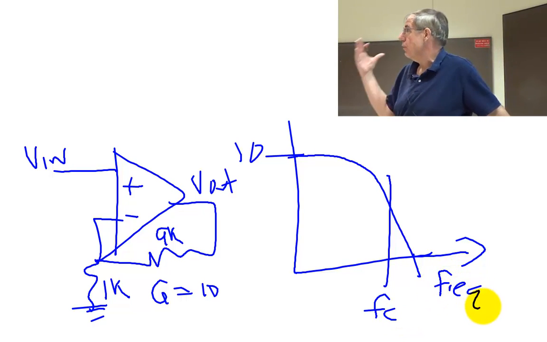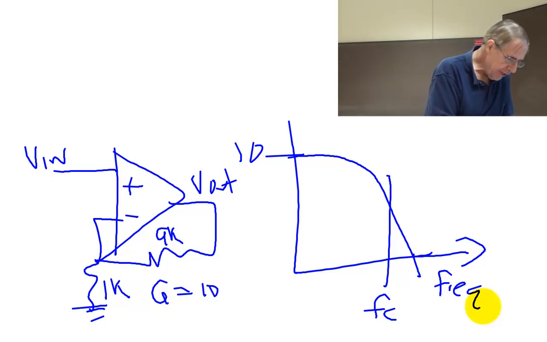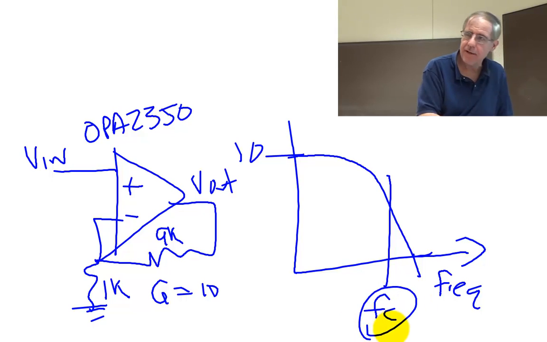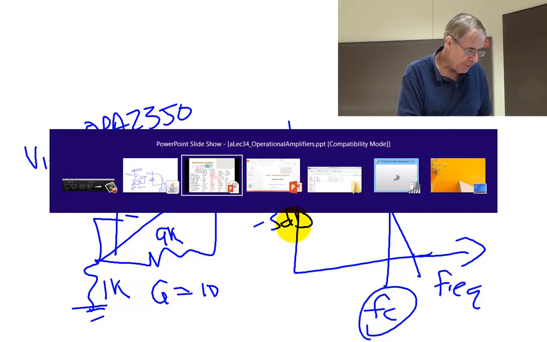Just get over it. It just does. At some point, it stops being an amplifier. It won't pass a terahertz. It won't pass whatever 10 times a terahertz is. And in that formula, if this were an OPA 2350, we could find that cutoff, the point where this drops down to minus 3 dB, from this table.